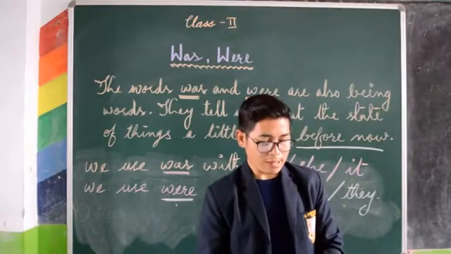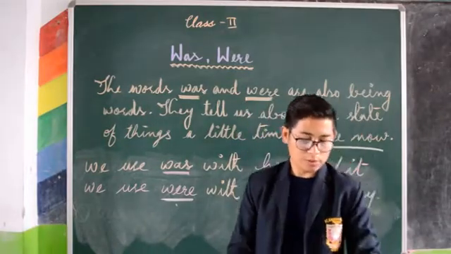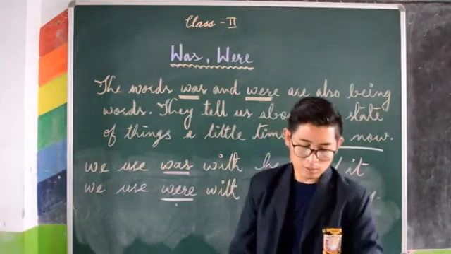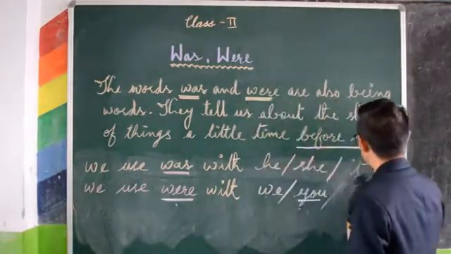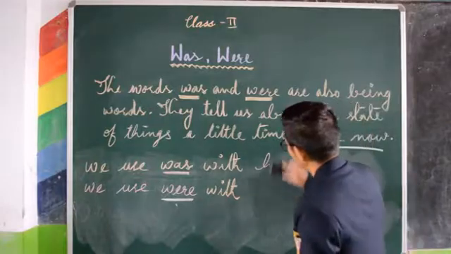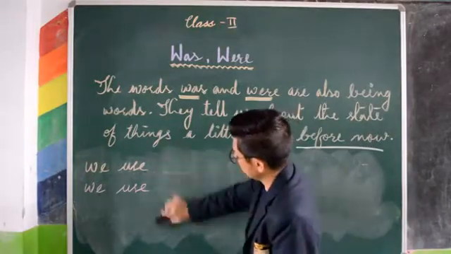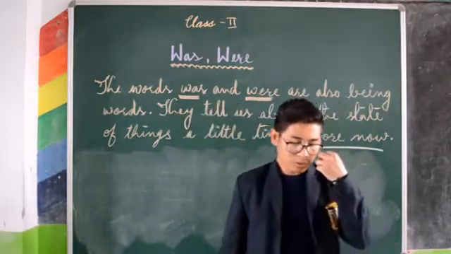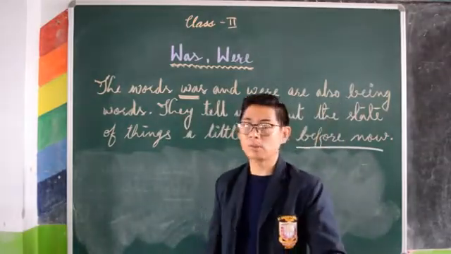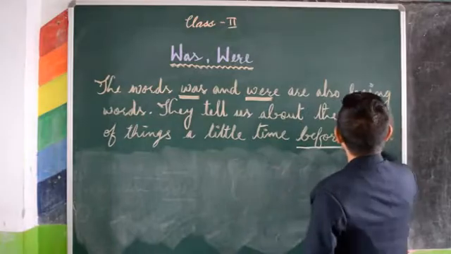Now, there is one table using was and using were. I think it is very important for you to learn, so that it is very easy for you to know how to use was and were.